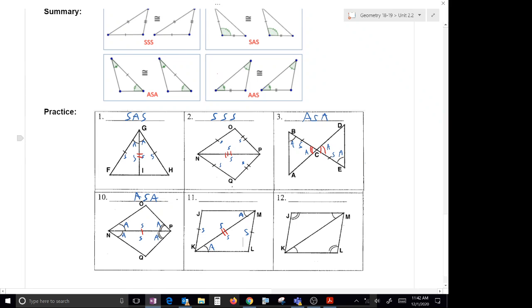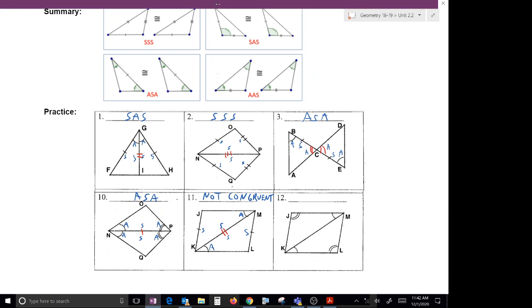That is not listed as a possibility. And in fact, that is not a possible proof, which we'll look at in our next lesson. So for these ones, we are going to say not congruent. So if you run into an SSA or an ASS, that is not a congruent pair of triangles.